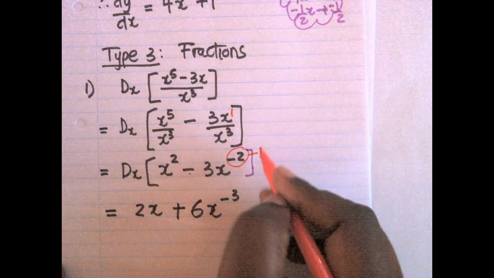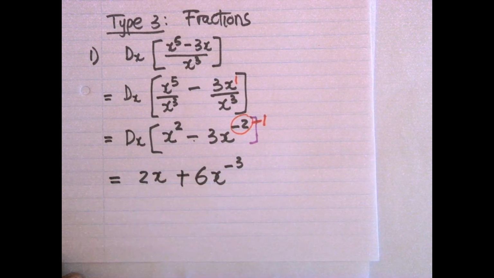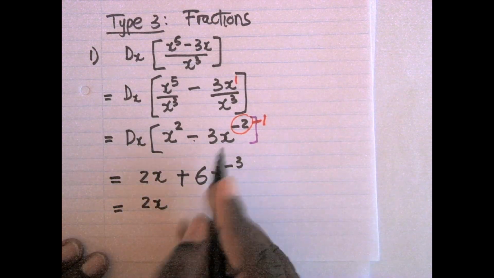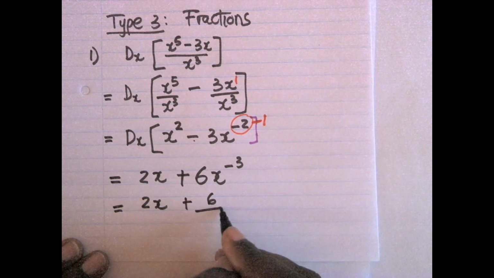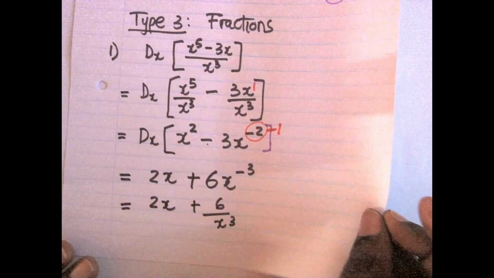In differentiating, the powers reduce by 1. And then my final answer, depending on what the examiner wants me to do, I can write this part here with a positive exponent. Right. Let's move on to the next one. We are still under type 3 of the fractions.